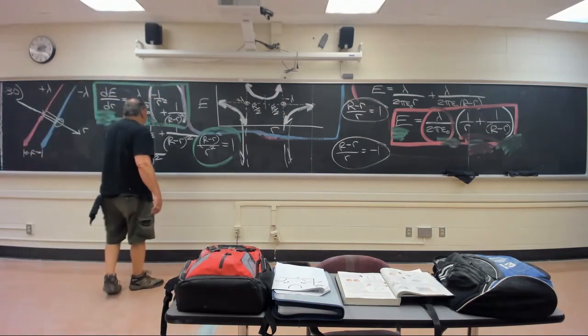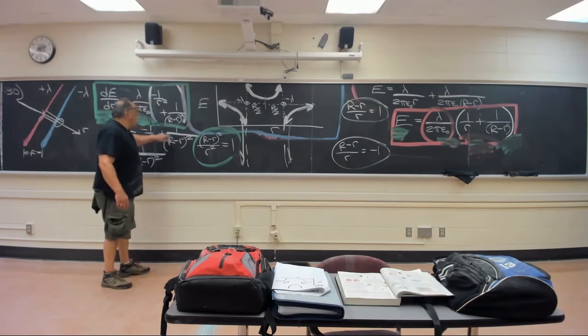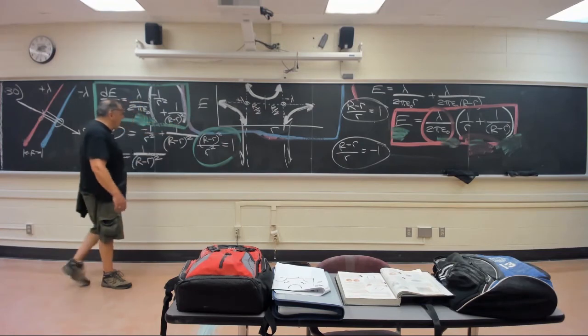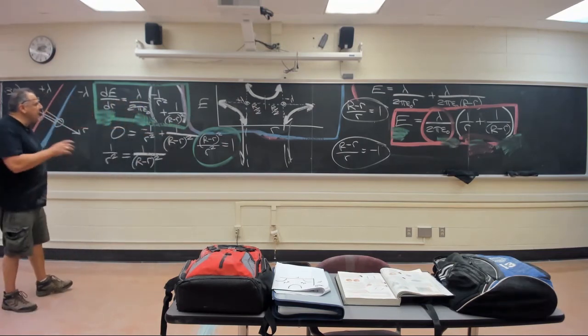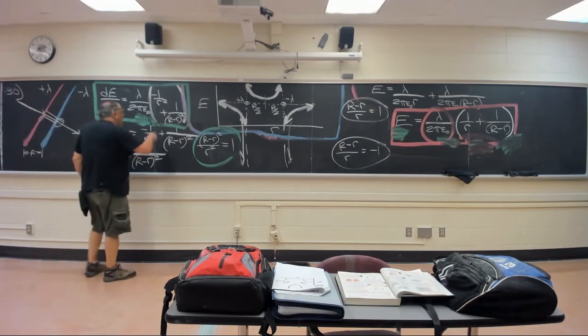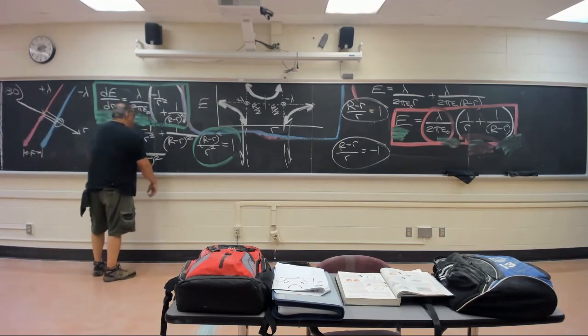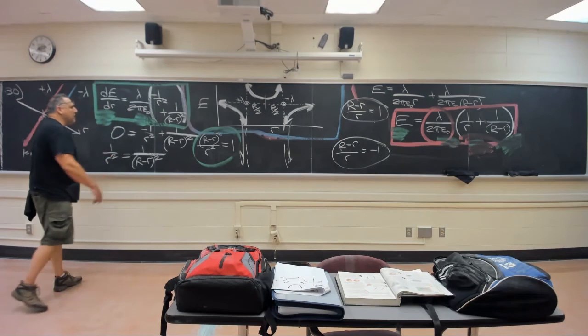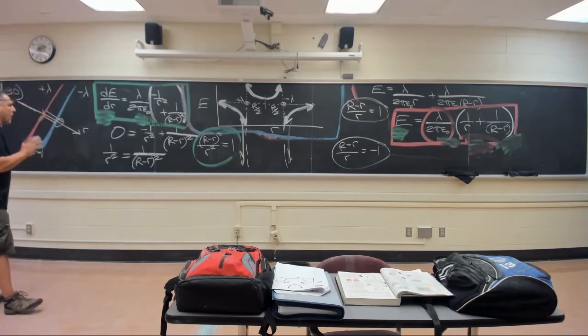Good enough for me. Come over here. This big R is a positive number. If you subtract r from it, if r is on the positive side, let's be very, very careful when we do this, and maybe we can see some stuff here as to where these slopes are going.